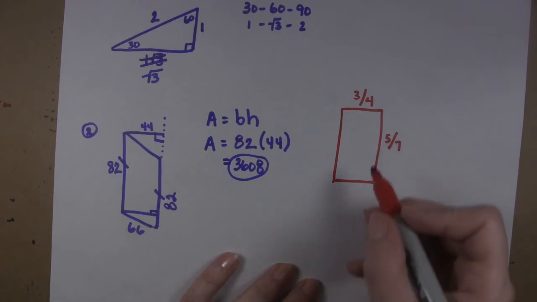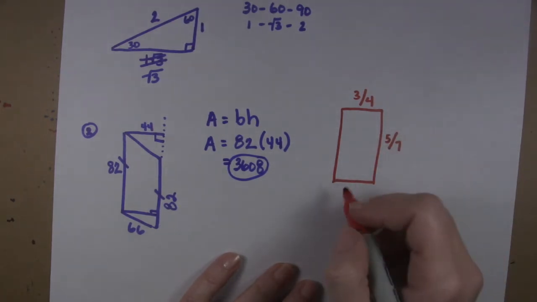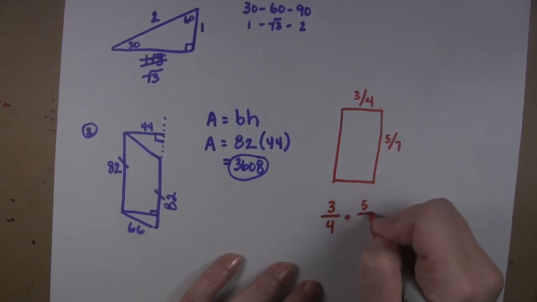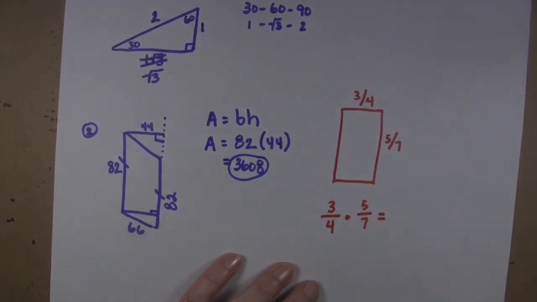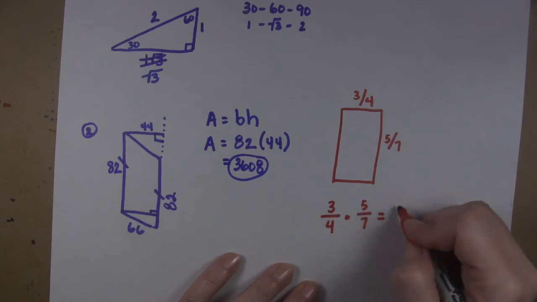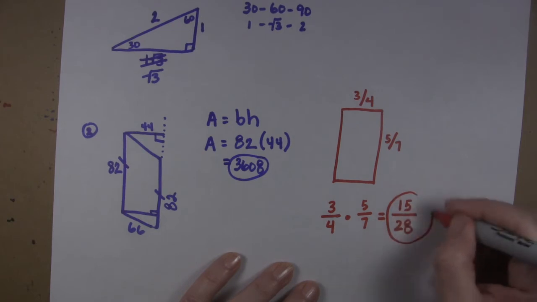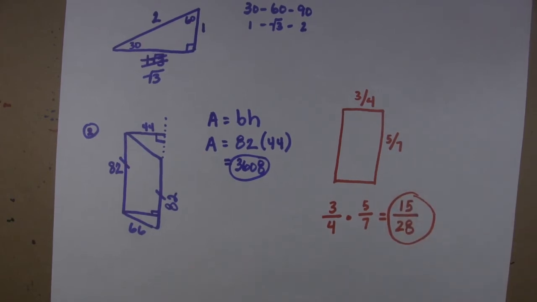So instead of using my calculator, I'm just going to multiply it by hand, because these are small numbers. I can do this. 3 times 5 is 15. 4 times 7 is 28. That cannot be reduced, and so that is our answer. So that's how you calculate the area for those.